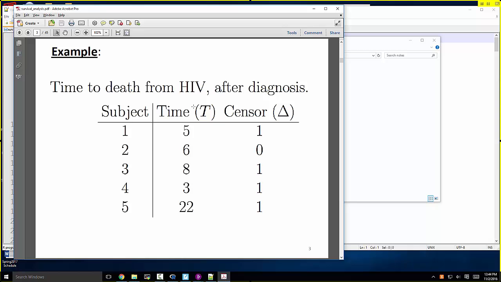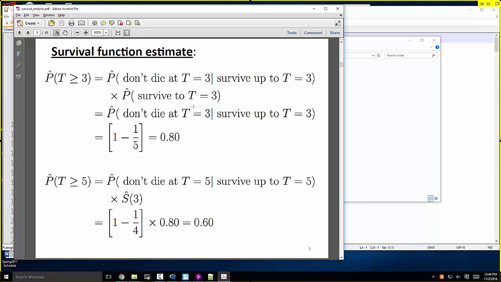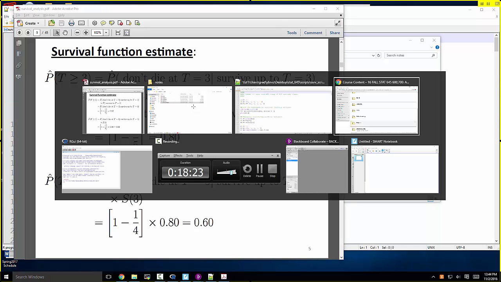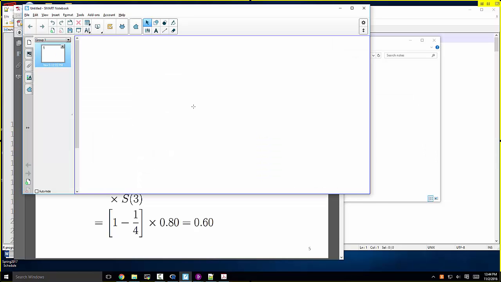The way that we do this is we represent each of the survival probabilities as a joint probability. And a joint probability can then be written as the product of a conditional and a marginal probability. So I wanted to revisit this and make it clearer.